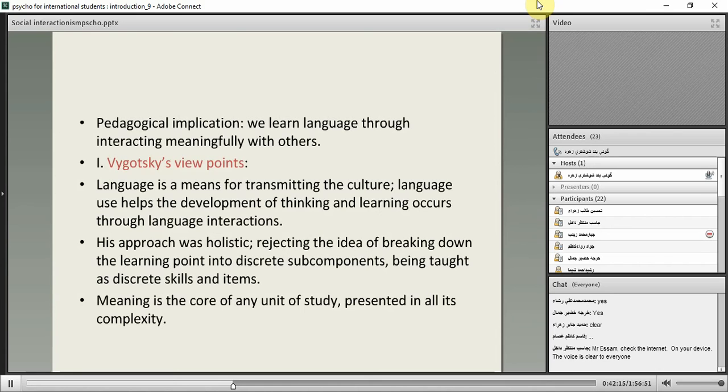Rejecting the idea of breaking down the learning point into discrete subcomponents, right? Being taught as discrete skills and items, right? Okay. So unfortunately, it says the application of the social interactionism view to language teaching has been little, right?